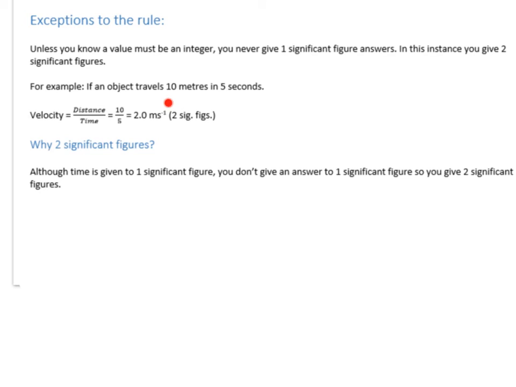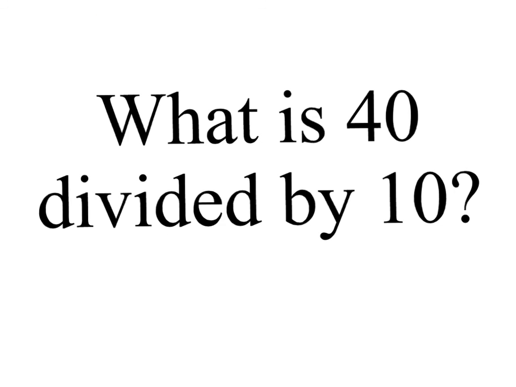So like this one here, if it's travelled 10 metres in 5 seconds, we give 2.0 metres per second. We don't give one significant figure there, we give 2. Okay, so let's revisit the question I posed to you at the start. What is 40 divided by 10?